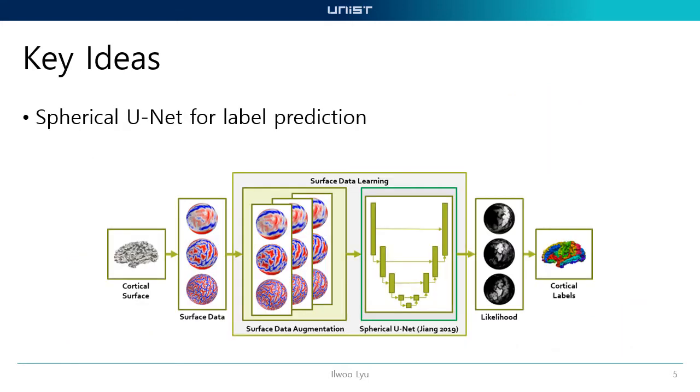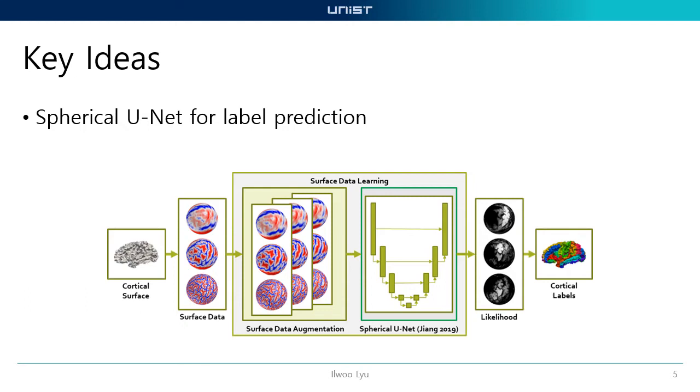Here are the key ideas of our approach. First, we're going to use spherical convolutional neural nets for label prediction. This is a kind of convolutional neural net from the computer vision field, but we adopted this idea for label prediction to handle the high variability in cortical surface data. But as we discussed in the previous slide, we have limited samples for training.